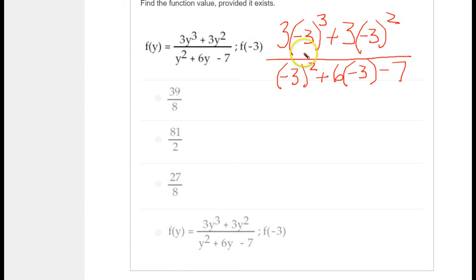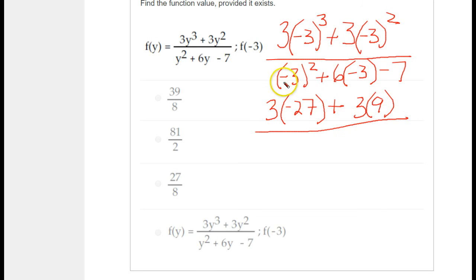-3 to the third is a -27. Plus, now a -3 squared is 9. So this will be 3 times 9.